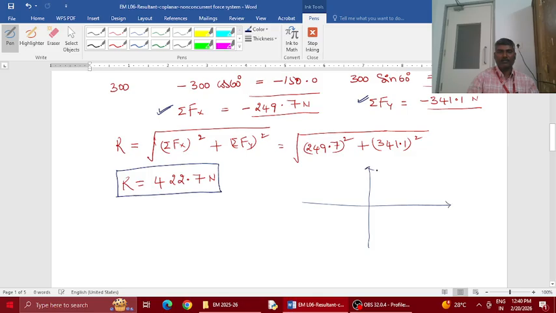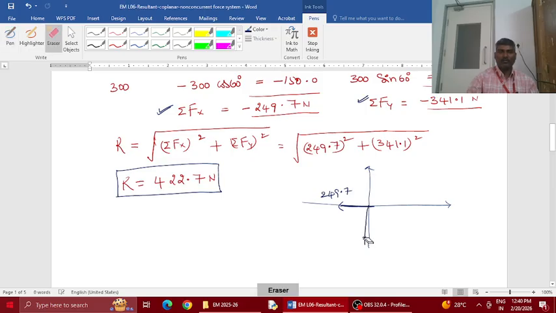Now you see sum of x forces of all the forces is minus 249.7 newtons, and this is also negative, so minus downward.